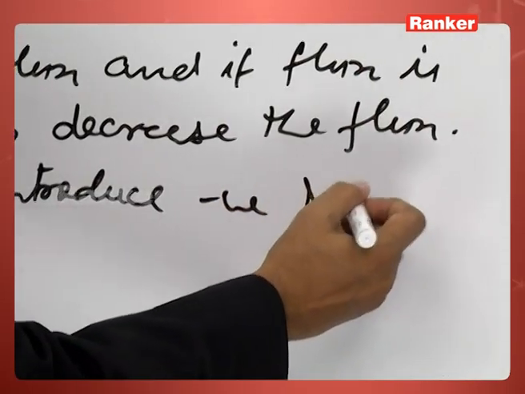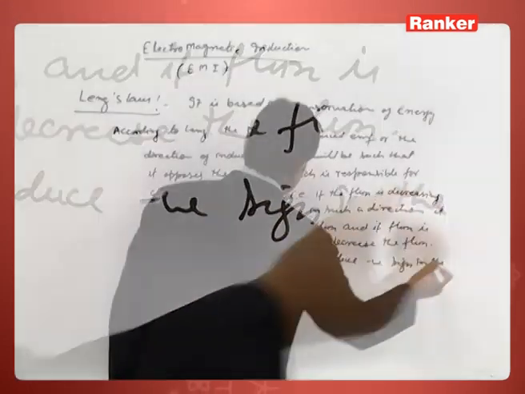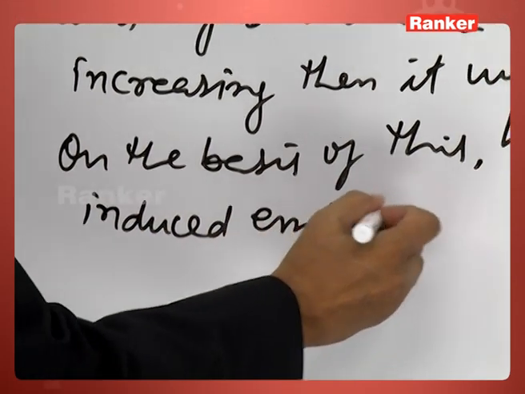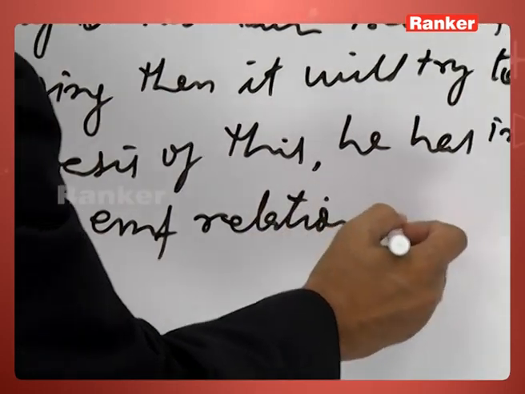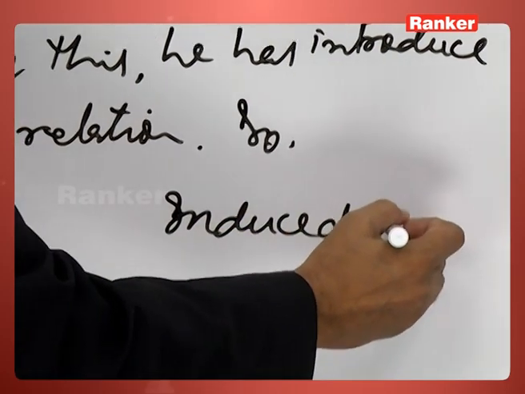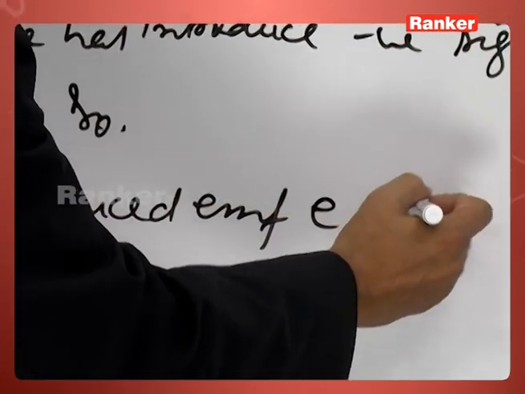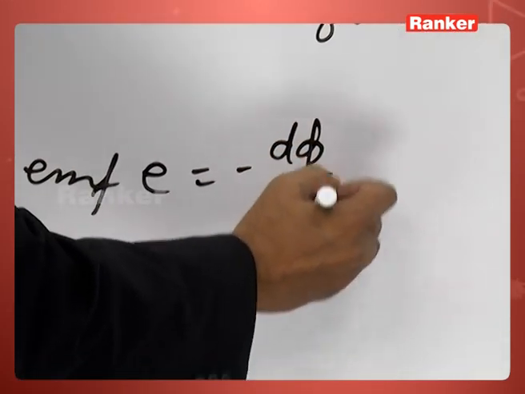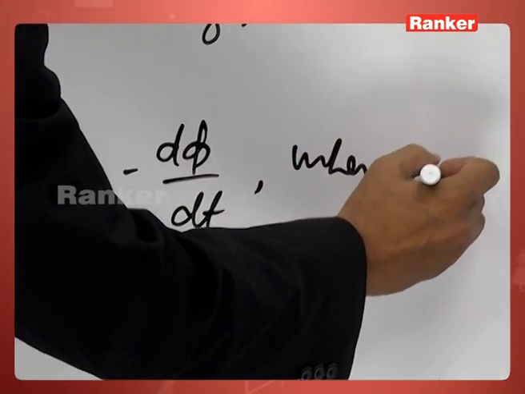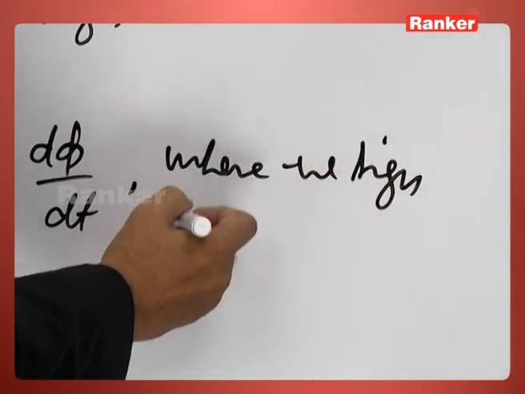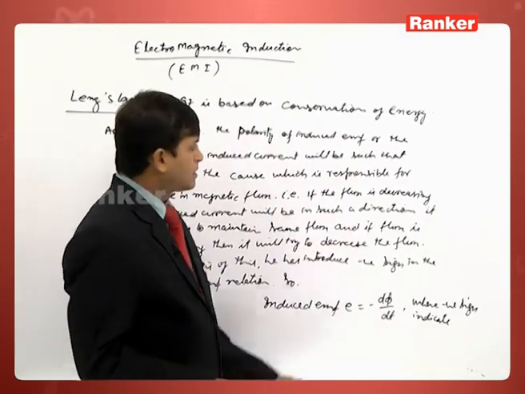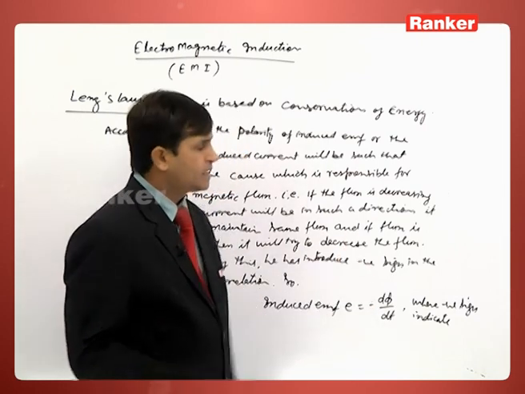So, induced EMF E is given as minus d phi by dt, where the negative sign indicates that the induced EMF always opposes the change in flux.